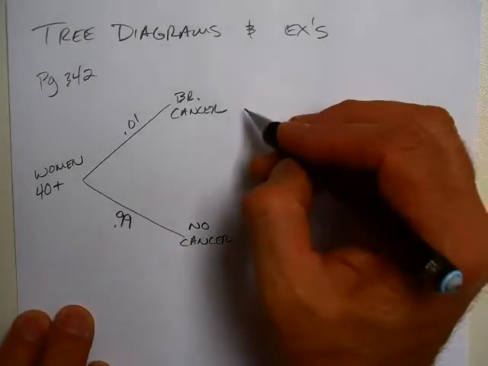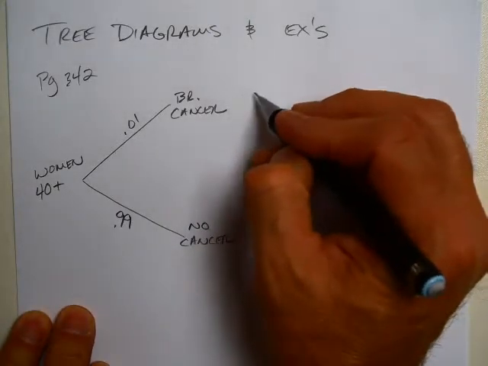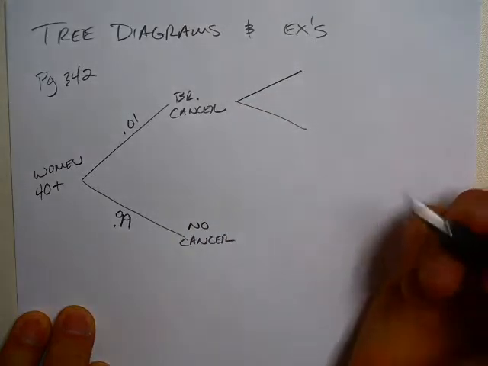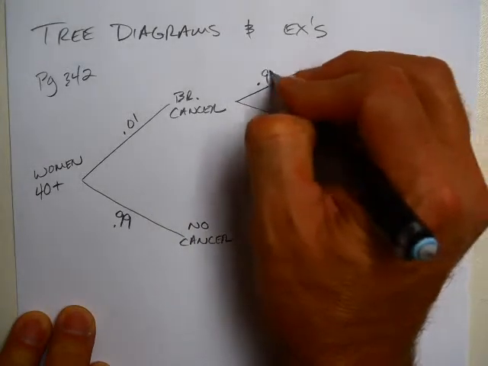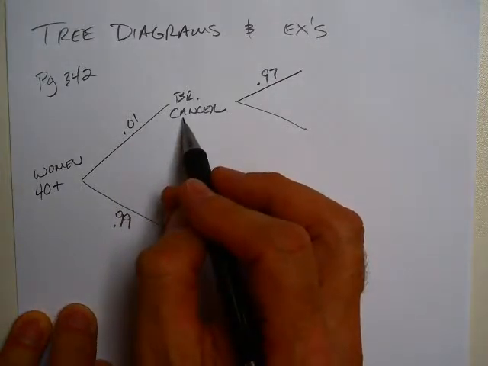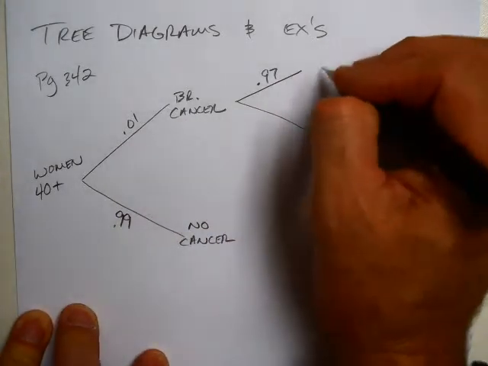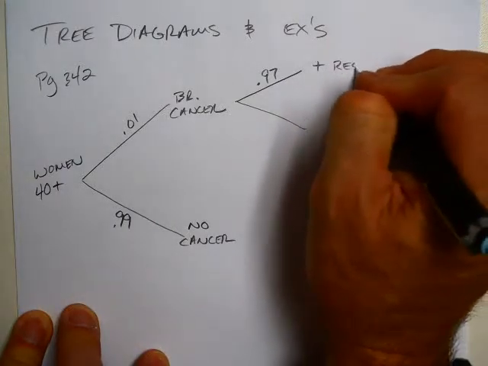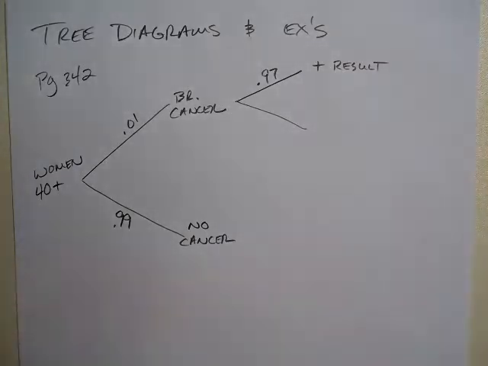So if these women go for a mammogram test, which tests for breast cancer, 97% of the time, if a woman has breast cancer, the test will give a positive result, saying that, hey, we detect cancer.